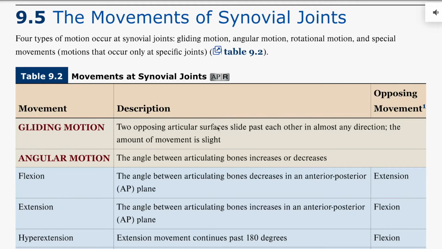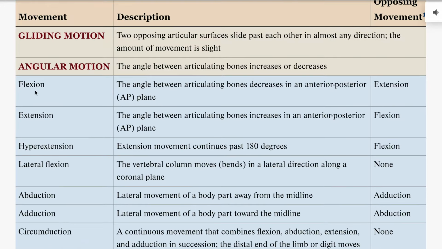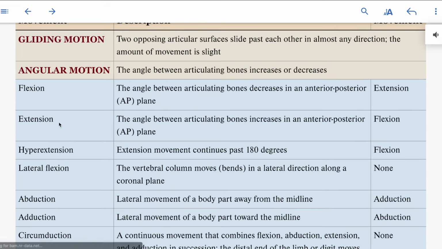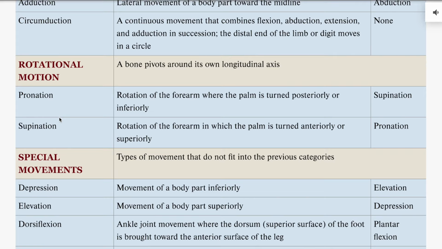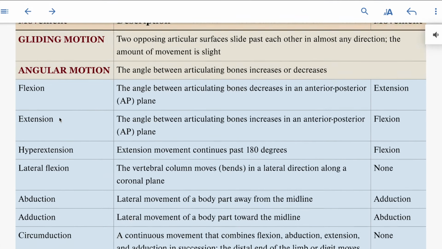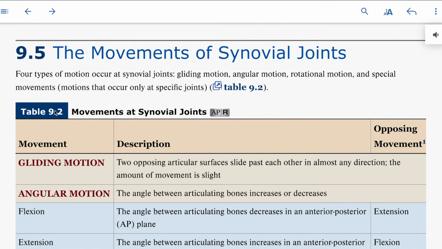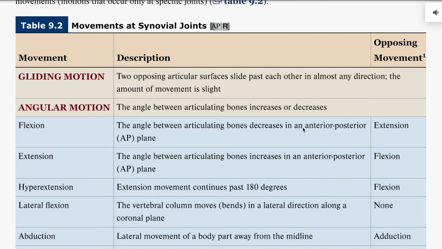You heard me say flexion and extension, but all of the other terms you have to know will be within this table right here. I would find this, again, as table 9.2, movements at synovial joints. I'd put a bookmark there, or at least copy down these definitions, because we will see these terms over and over again.